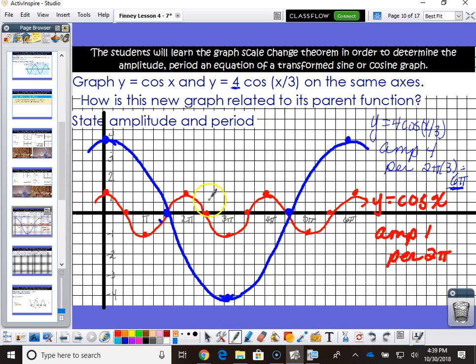So it is a vertical stretch of 4 and a horizontal of 3. So that means that our scale change was 3x and 4y.